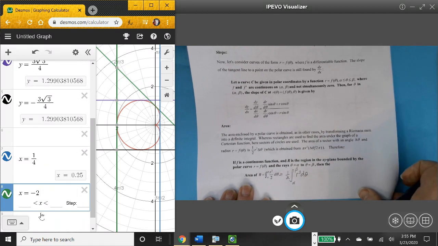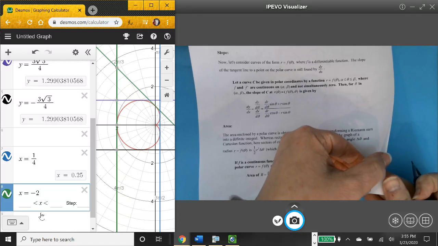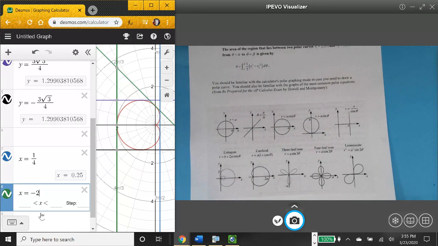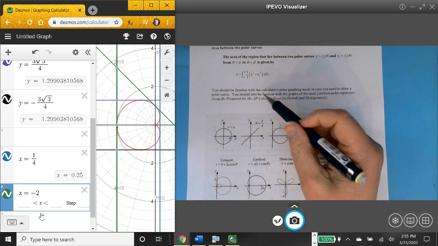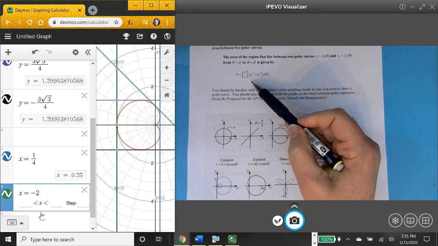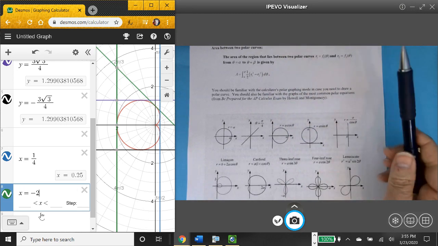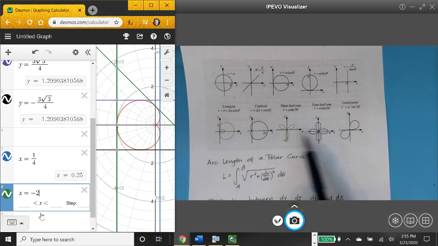You're adding up triangles instead of rectangles. Okay. And then if I have 2 different polar curves that I'm finding the area between, I take the bigger triangle that I'm sweeping out minus the inner ones that I'm sweeping out. And then this is just a summary of your different types of polar curves.